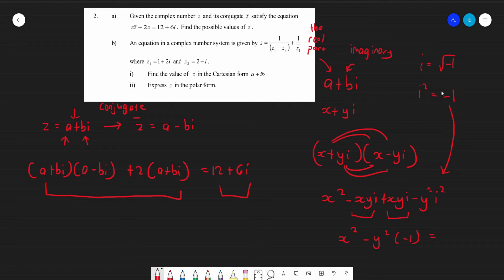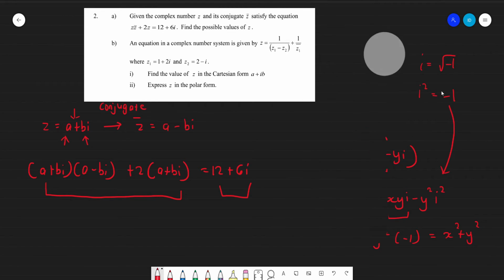And then finally, we will get x squared plus y squared. Okay? So if you apply this same concept to the question, then we don't need to do this long work. But if you're not used to it, then I recommend that you get used to the long method to get to x to the power 2 plus y to the power 2.